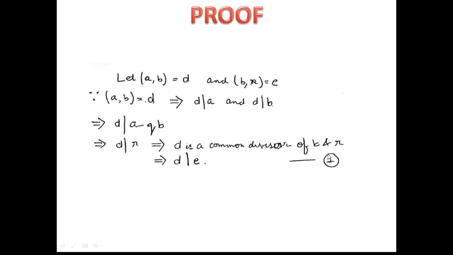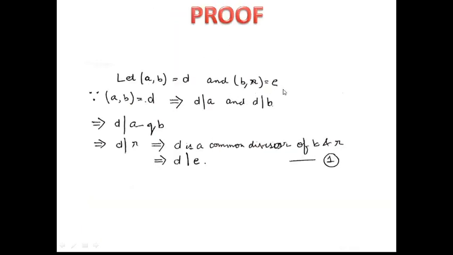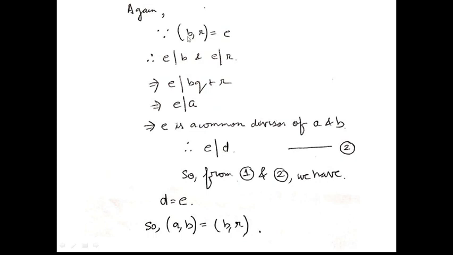So next part. Now the GCD of B and R is E, we have assumed it here. Now E divides B and E divides R. So E divides BQ and E divides R, and adding those two we get E divides BQ plus R. And what is BQ plus R?